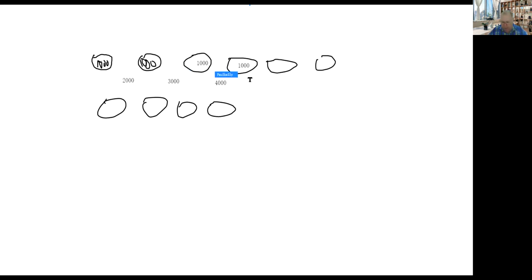Yes, my circles aren't good. They're getting smaller there. Plus another 1,000 equals 5,000, plus another 1,000 equals 6,000.